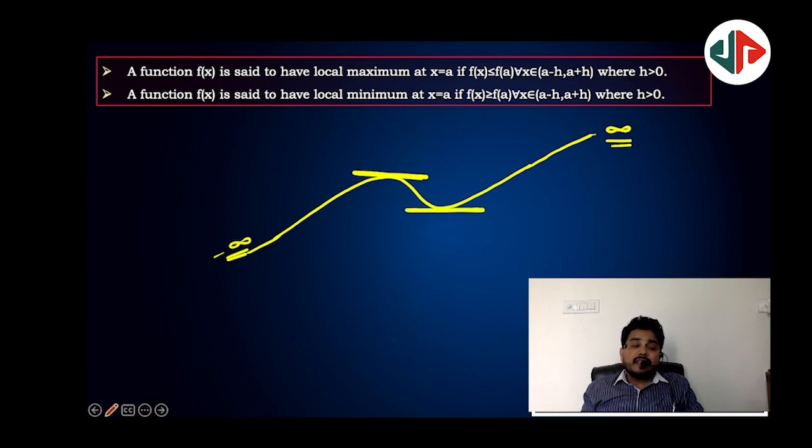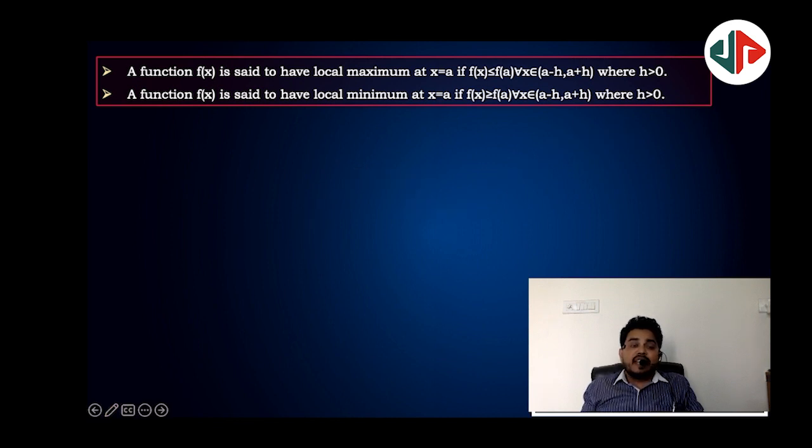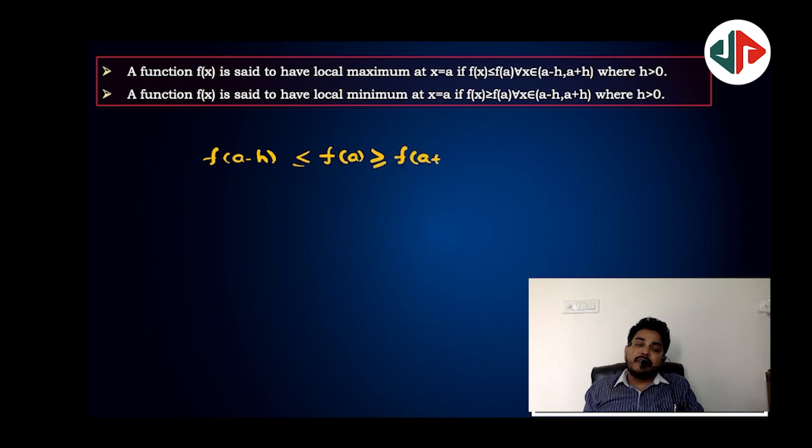What is meant by this local minima and what is meant by this local maxima? So that's why we are giving here a special condition. f of a minus h is less than or equal to f of a, which is greater than or equal to f of a plus h.